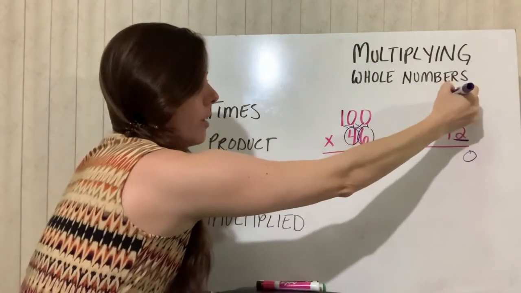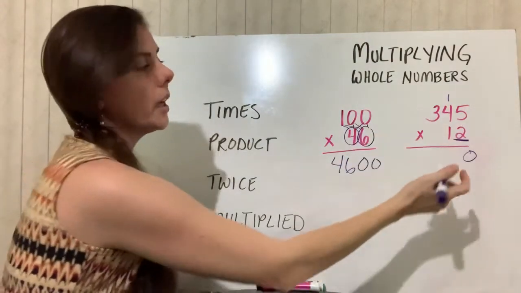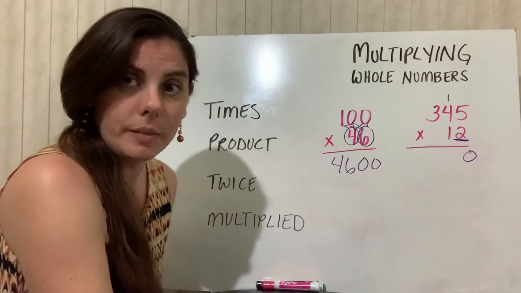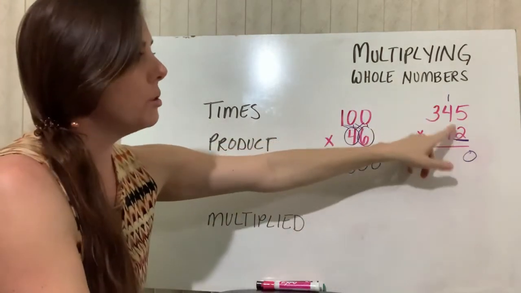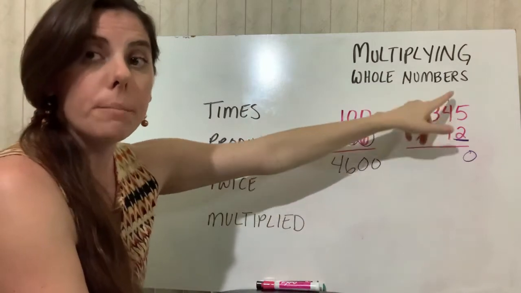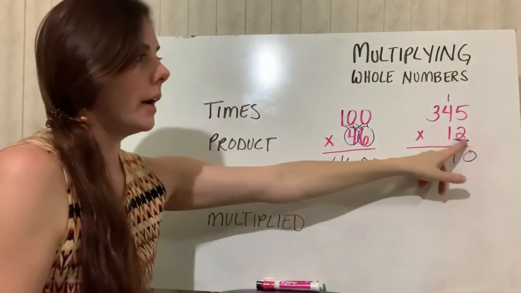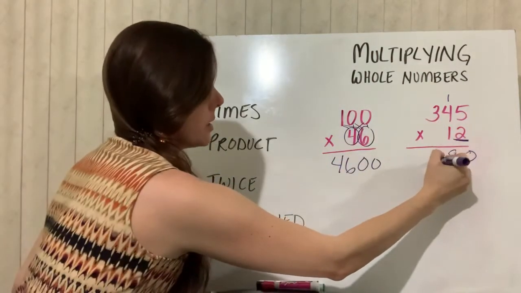So we're going to carry the 1. So 1 and 0 is the 10 when you put those 2 digits together. 2 times 4 is 8. And we add whatever's on top. So 2 times 4 is 8 plus 1 is 9. And then we multiply the last set. So 2 times 3 is going to be 6.